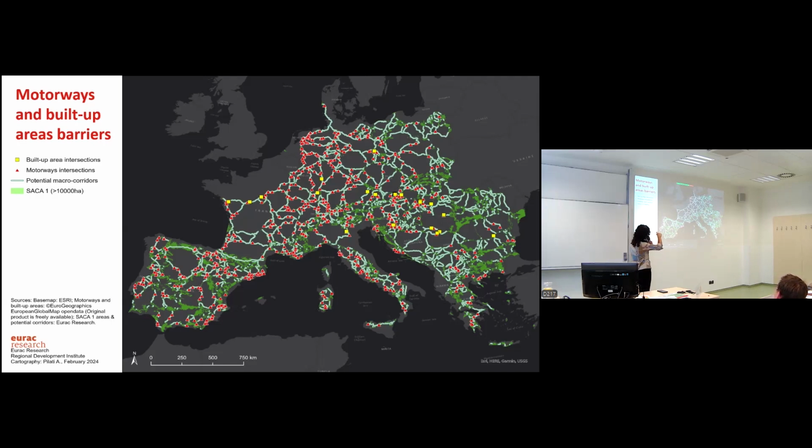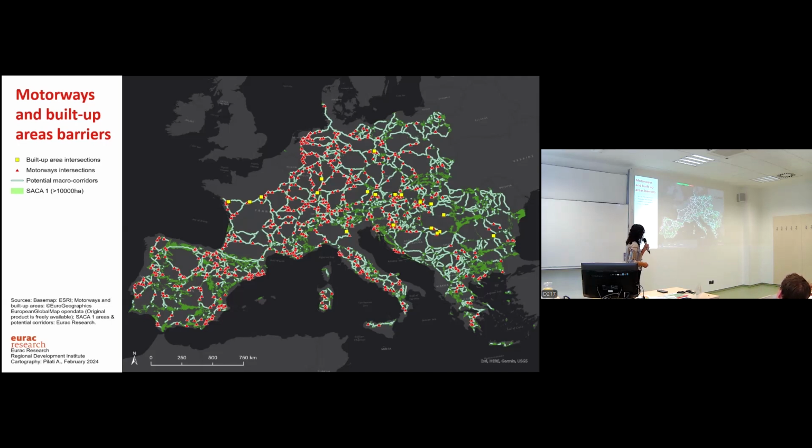The yellow square represents the intersection with the built-up areas, and in this case, the squares correspond mainly to the corridors passing through highly urbanized areas, big cities. So we thought that these barriers are quite a lot. There are 1,400.